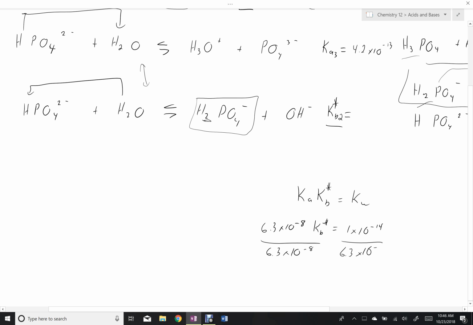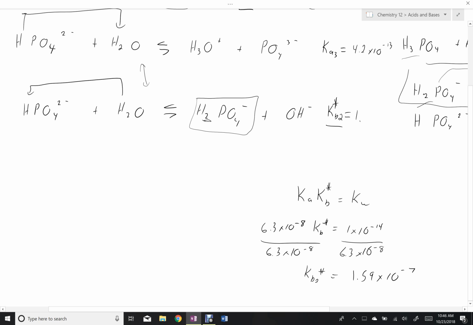So I can solve for the Kb2 for the conjugate process, and that's going to work out to be 1.59 times 10 to the negative 7.